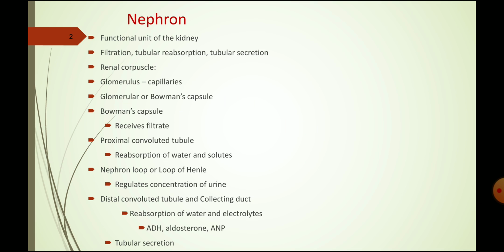Then there is a distal convoluted tubule and the collecting tubule, where the reabsorption of water and electrolytes takes place, and hormones like antidiuretic hormone, aldosterone, and atrial natriuretic peptide are active.